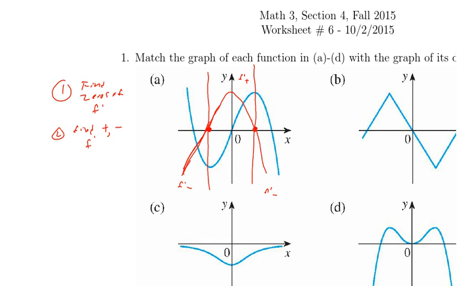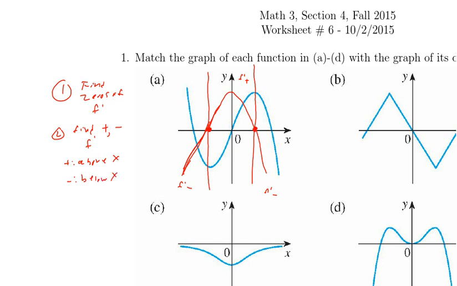So you're finding your zeros, and you're determining where f prime is on the upper half of the graph, above the x-axis, or below the x-axis. Positive, you are above the x-axis. Negative, you are below. And that's it. Those are your determinations, right?